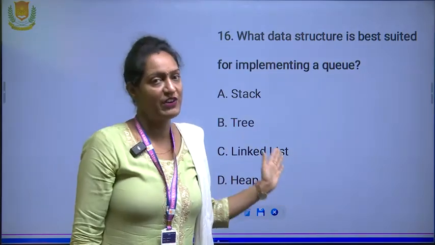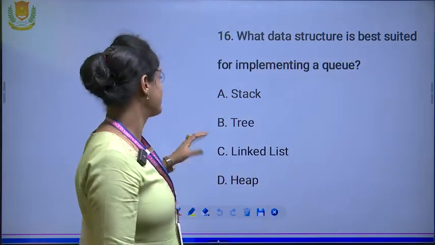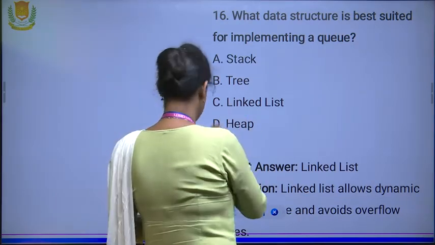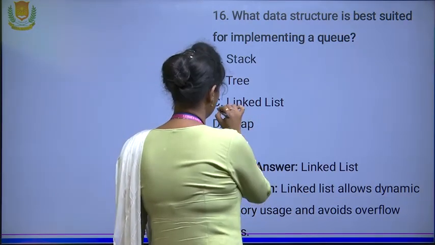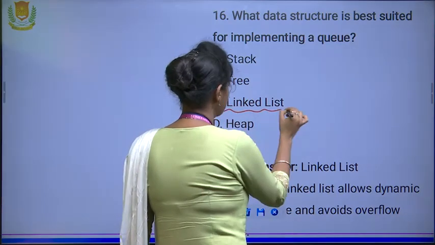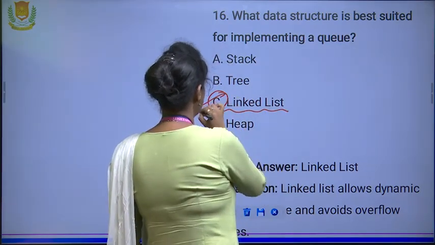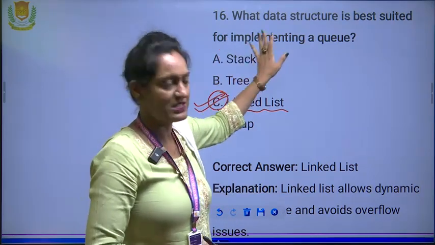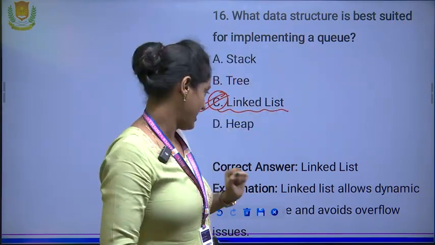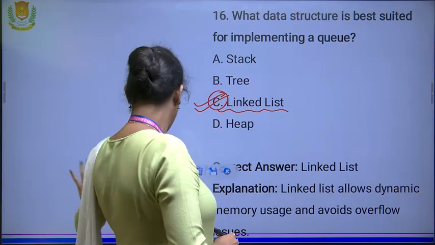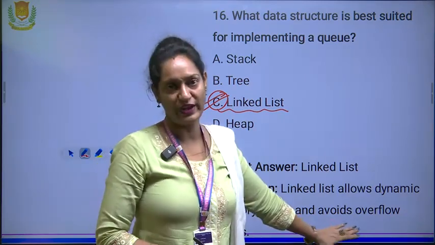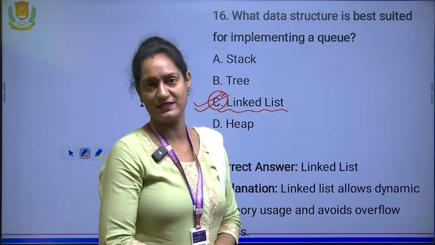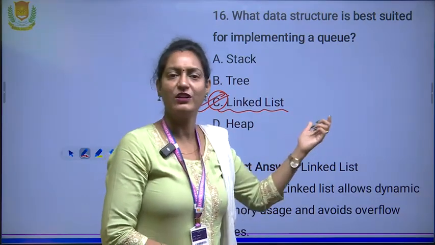I hope you already know the answer, and the answer is linked list, option C. Linked list is the best method to implement a queue, right? A linked list allows dynamic memory usage and avoids overflow situations. That is why linked list is the best for queue implementation.